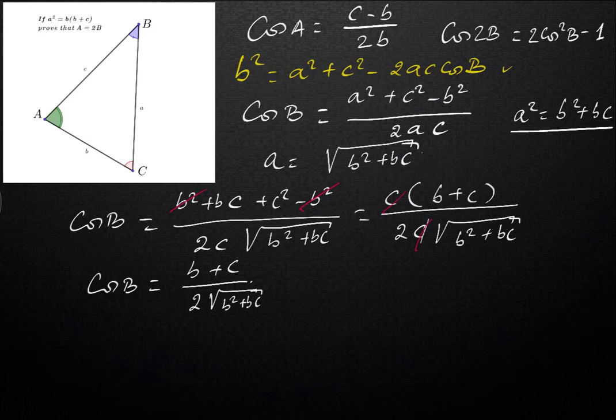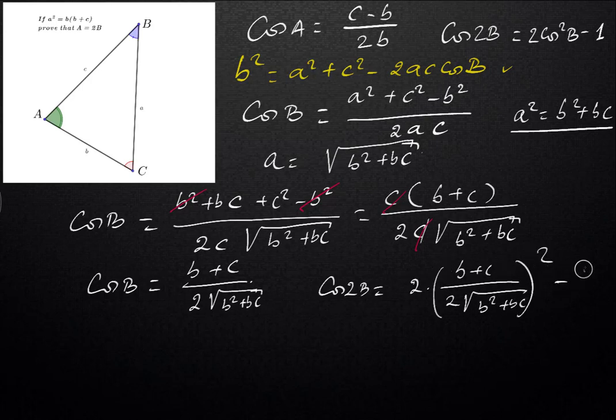Now we have to plug cosine B into the value of cosine 2B. So cosine 2B is 2 cosine squared B minus 1. We plug in there, and that will show that cosine 2B is equal to 2 times B plus C over all this, 2 times the square root of B squared plus BC, all squared, minus 1.